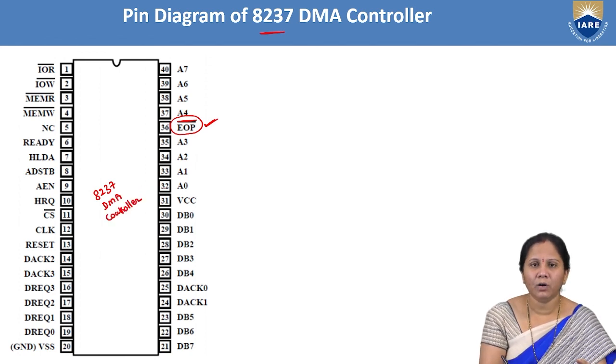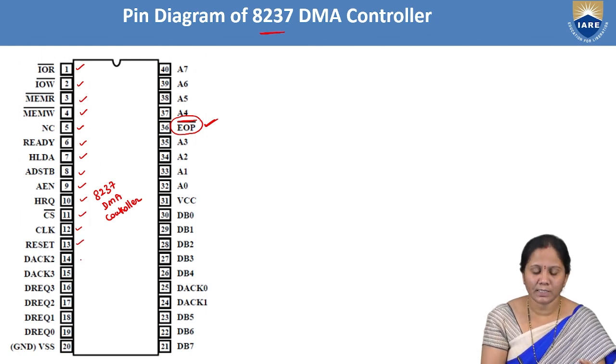If you see all the 40 pins, the same pins we have discussed in 8257 DMA controller also, like IO read, IO write, memory read, memory write, and NC represents no connection, ready, hold acknowledgement. This is address strobe, address enable, hold request, chip select, and the next pin is clock signal, then reset.